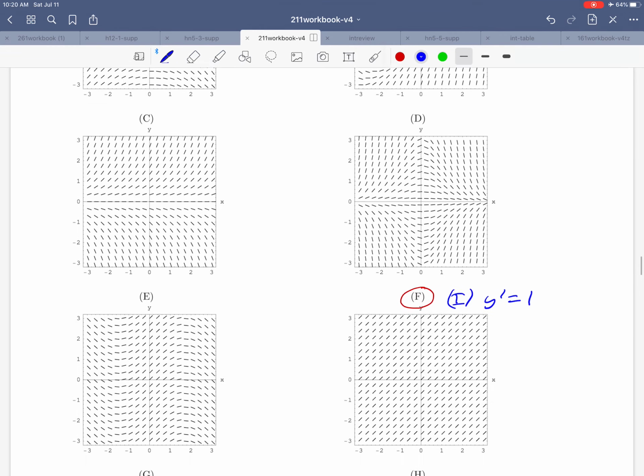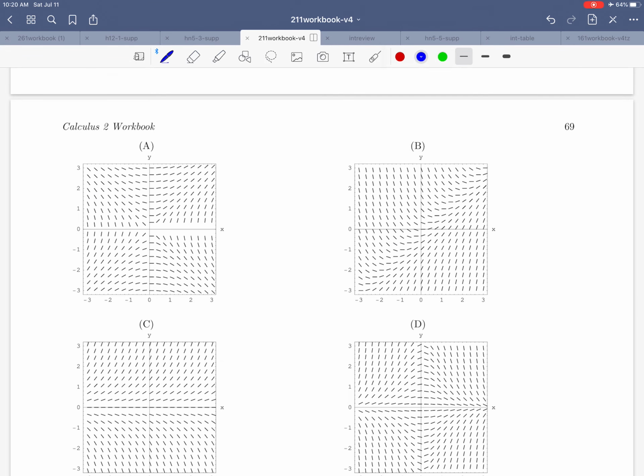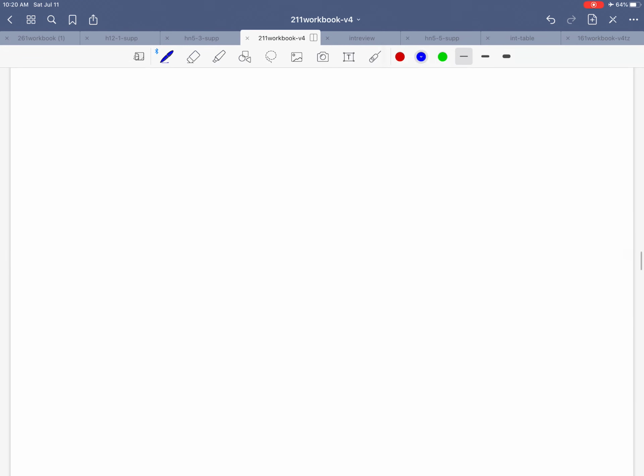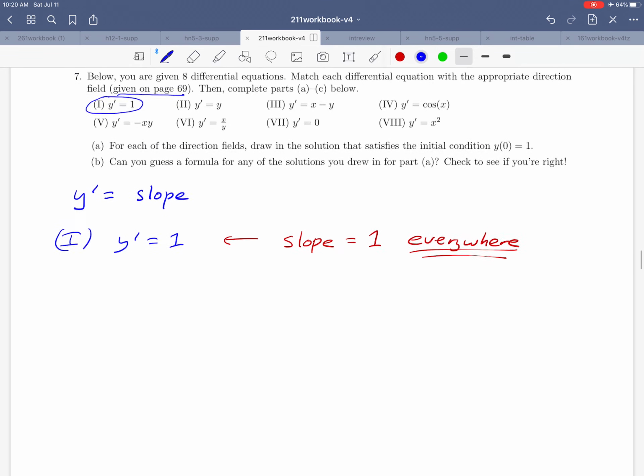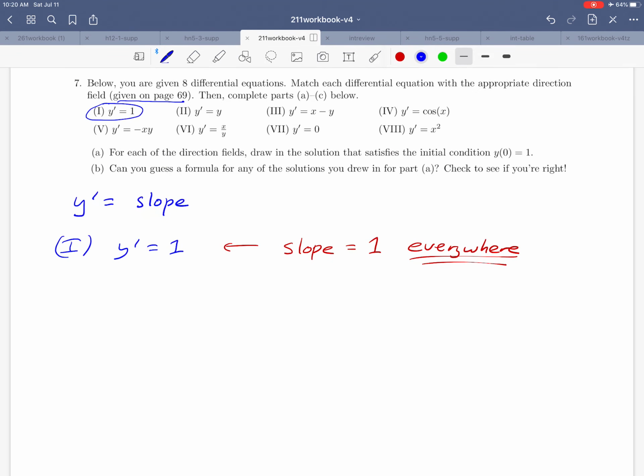Let's look at one more together. One where it's maybe not so easy to guess it just by looking at the formula. So maybe jump down to the one right below that, formula 5. Now this time that formula is too complicated for me to just look at it and see what the slope is going to be everywhere.